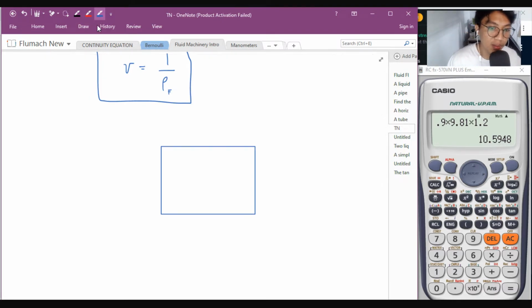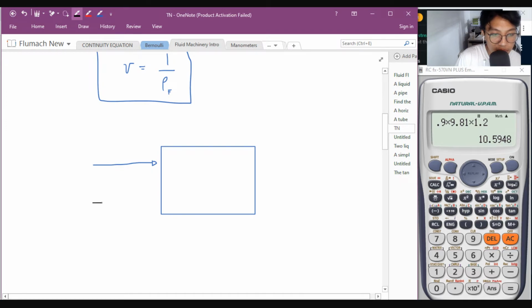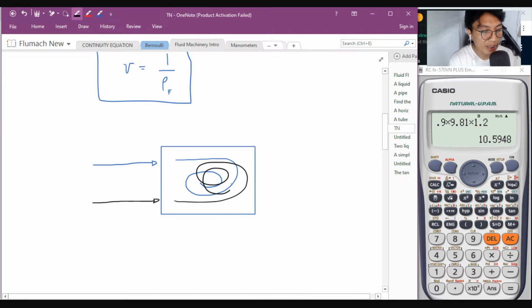Now, you have there a pipe 1, and then you have there a pipe 2. Dito sila magmi-mix up. Okay? Ito yung flow nung isa. Ito naman yung flow nung isa. Mixing chamber nga eh. They mix there.